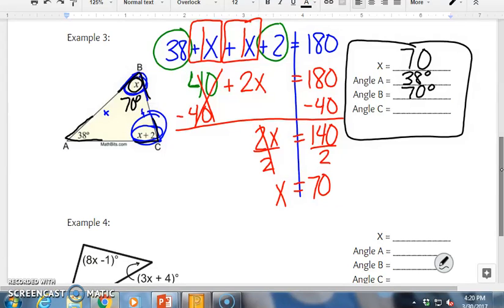But angle C, which is right here, I have to plug in what I got for x into the expression. So 70 plus 2 is 72. So angle C is 72 degrees. Guys, again, if you take 38 plus 70 plus 72, it should equal 180 if we got it right. And we did.